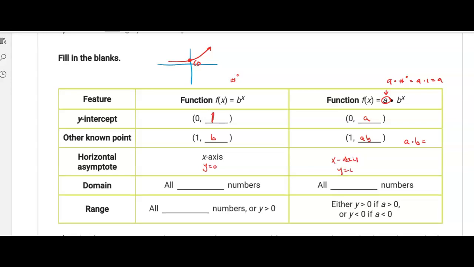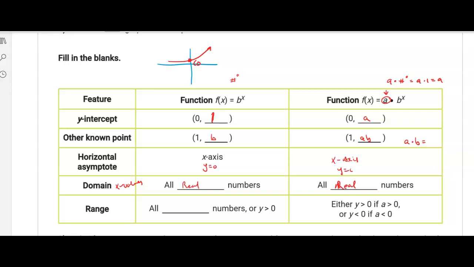Okay, the domain of these, remember, domain is all your x values. So if I graph this, every x value would be covered. So we would say all real numbers. And same thing here. So for the domain of all of these, they will always exist at every x value, so it would always be all real numbers.